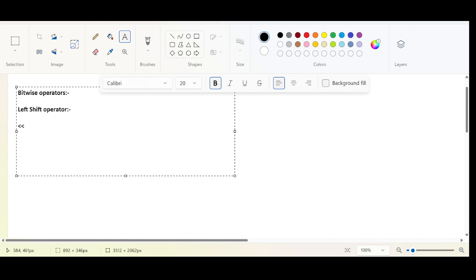The combination of two lesser than symbols pointing towards the left is like an arrow pointing left. Combined, this is called the left shift operator. Two arrows pointing towards left is called the left shift operator. This is the typical symbol for the left shift operator.